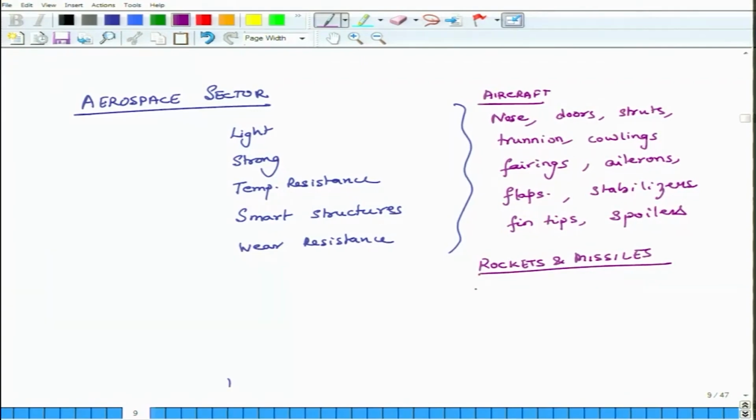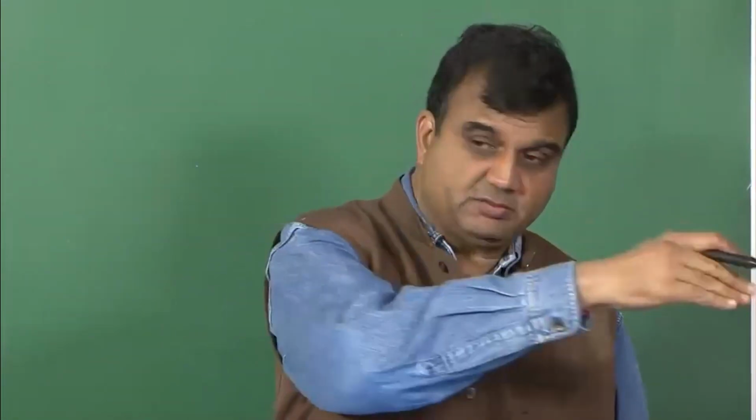A lot of these composites are used in the nose, and in the nose the biggest requirement is temperature resistance, because when a missile enters the atmosphere, it goes up, and while it is going up it gains speed and slowly reaches very high. There is not a lot of air, and that is where it picks up a lot of speed, and then it has to come and hit some other place on earth.